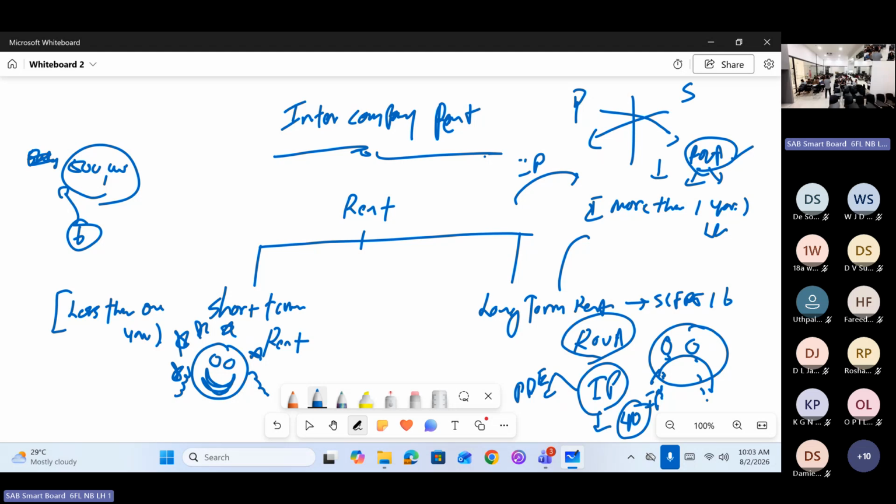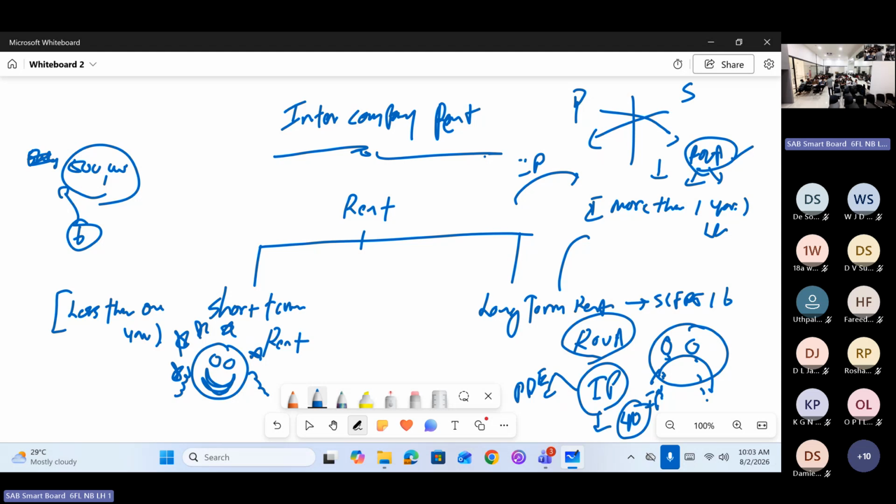If we are using it for administration or management purpose, it is classified as PPE.